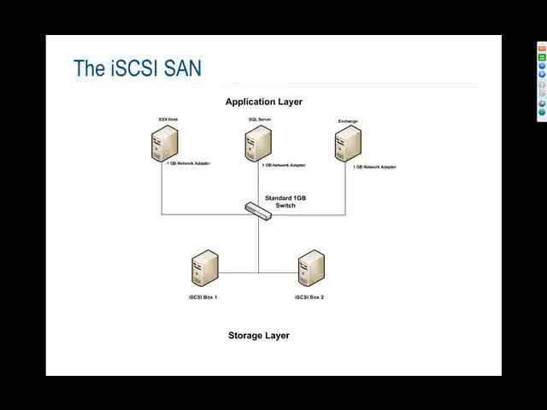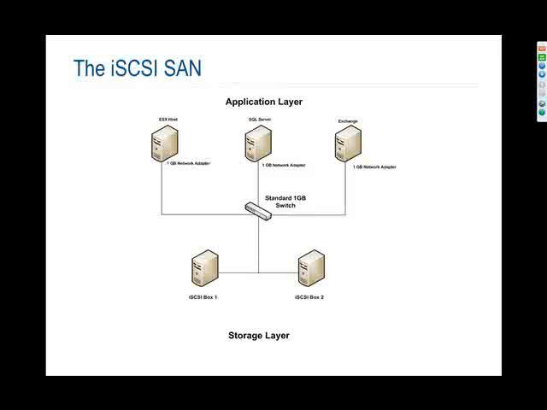Again, putting aside any vendor specifics for a moment, and putting aside software versus hardware solution for a moment, and just focusing on the non-proprietary, off-the-shelf aspects of the iSCSI setup, we're really talking about building this out on a standard gigabit backbone. So for those of you that have this type of networking equipment in-house, or can certainly buy this stuff off the shelf, you can ultimately set something like this up.